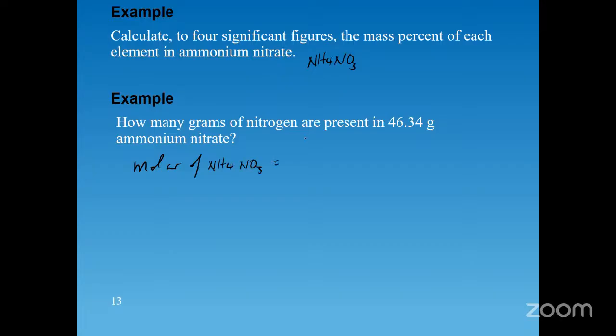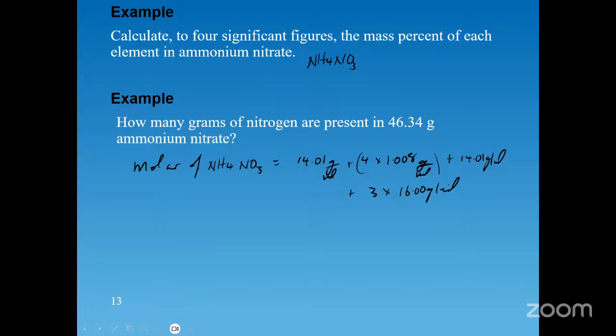All right. So that would be, okay, so in the case of nitrogen, that's 2 times 14.01 grams per mole, plus 4 times the molar mass of hydrogen, which is 1.008 grams per mole. And then I add to that another nitrogen, which is 14.01 grams per mole. And then I add to that 3 times 16.00 grams per mole.